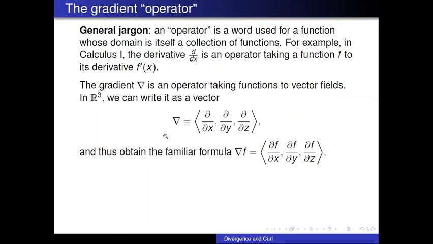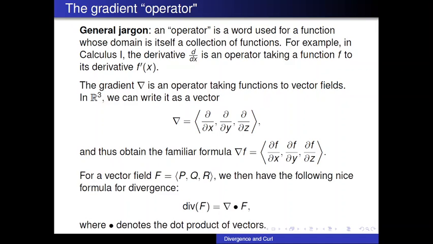Okay, so with this vector operator notation in place, we get a nice way to write the divergence of a vector field big F. If big F has component functions p, q, and r, then the divergence of big F is really the dot product of this vector valued operator with our vector field big F, right?